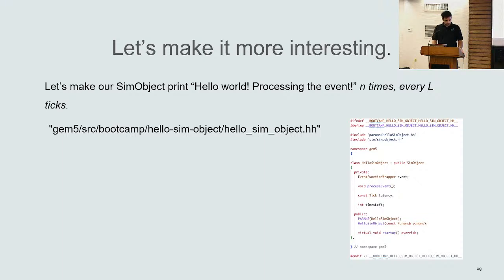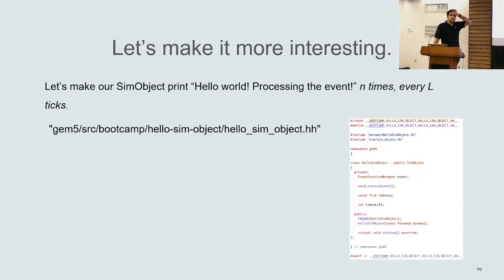Okay, so let's make this a little bit more interesting, by which I mean let's make it say hello more than one time when it's processing the event. So let's schedule more than one event.